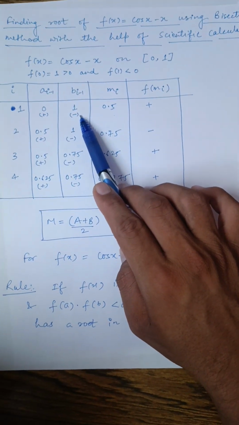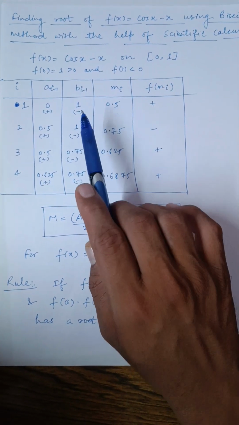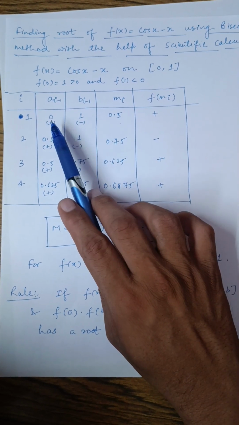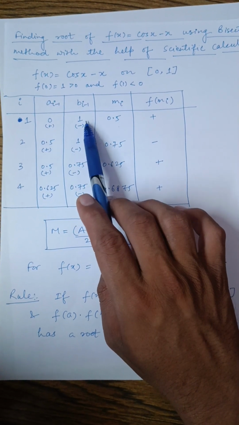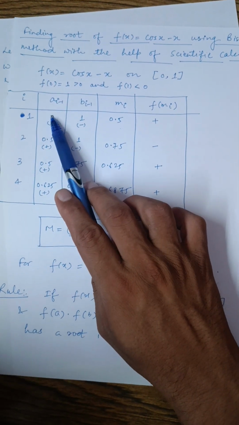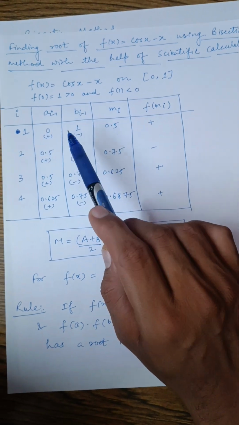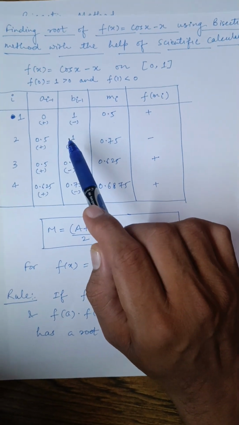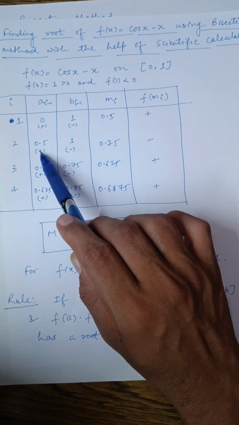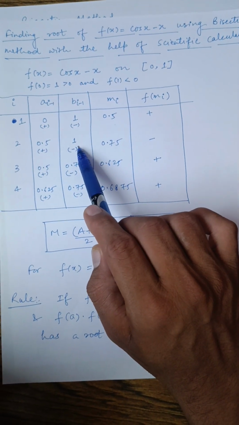So how do we select the next interval? We will select the values of a_i and b_i, or a naught and b naught. So for i equal to 2, this a_{i−1} means a1. So the next interval is basically (a1, b1). So what will be the values of a1 and b1? a1 is 0.5 and b1 is 1. Why?